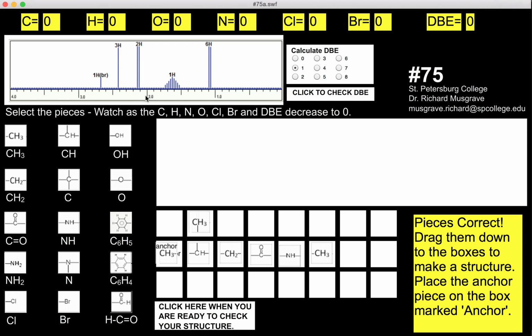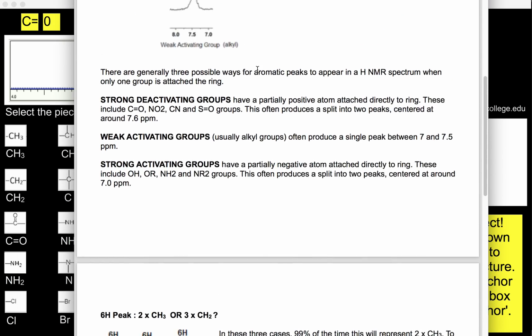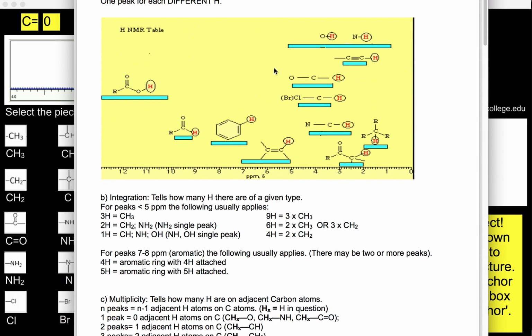Now this is fairly subtle, but based upon what I see on the correlation chart, CH's connected to C double bond O's usually appear between 2 and 2.5 ppm, and CH's connected to nitrogens usually appear a bit higher than that, say 3 to 3.5 ppm or 2.5 to 3.5 ppm.